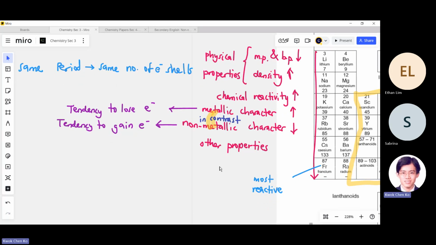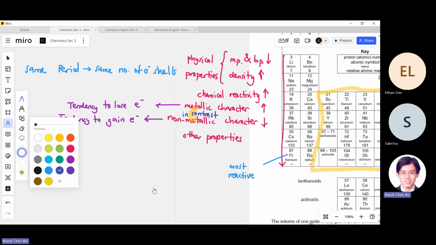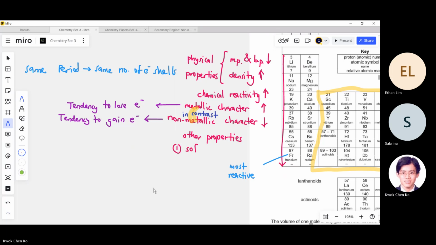Come group one, Ariana, what other properties are there that I haven't said? Soft metal. Good. Guys, you need to know they are soft metals. So soft that you can cut with a knife because your knife is harder than them. Oh, but of course, in this case, you do not need to know who is softer, who is harder.